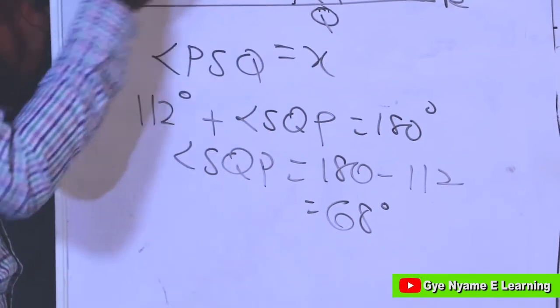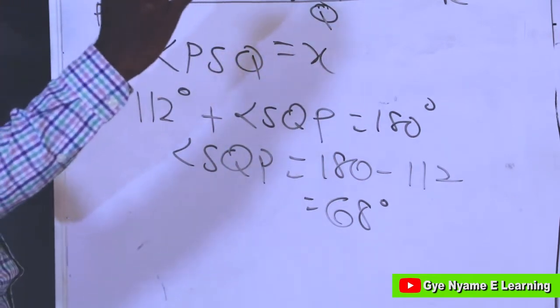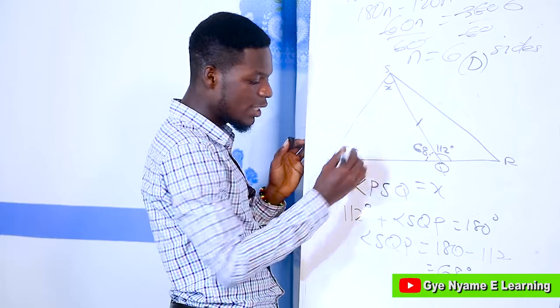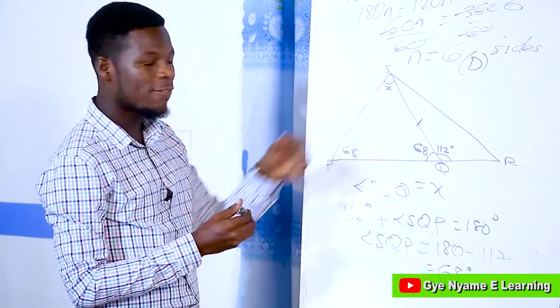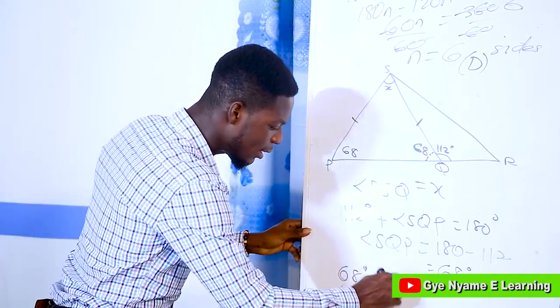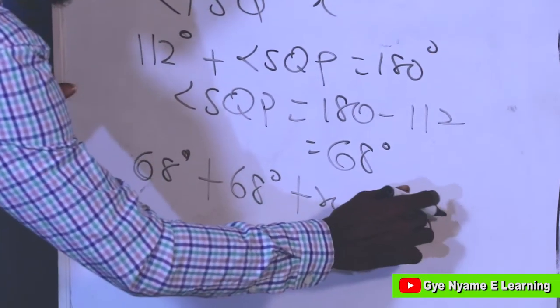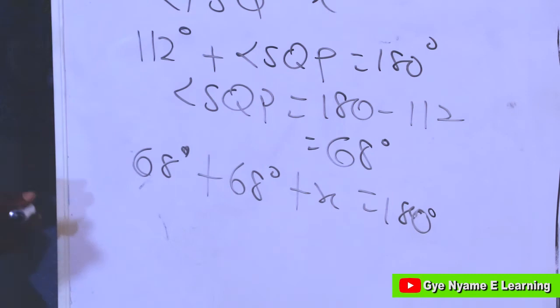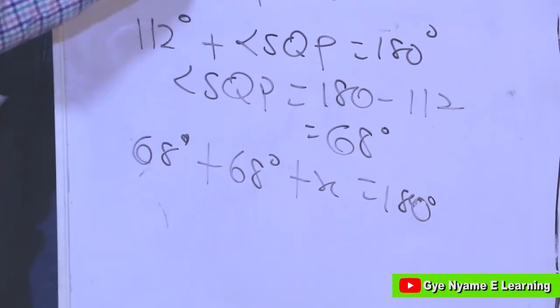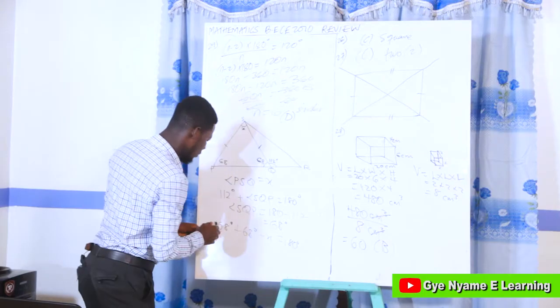But this vital information shows that this triangle is isosceles, which means their base angles are equal. So this angle is also 68. Then now, we can find our X. So 68 degrees plus 68 degrees plus X equals 180. The principle here is that interior angles of a triangle sum up to 180 degrees.